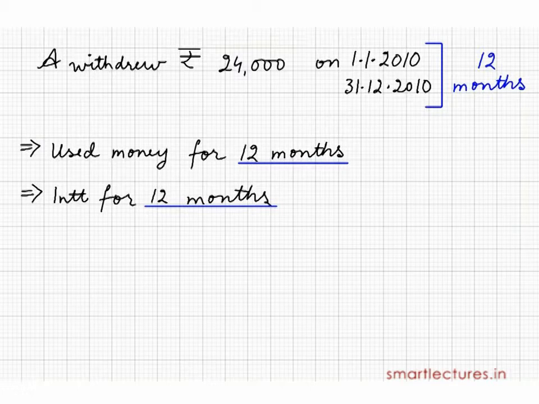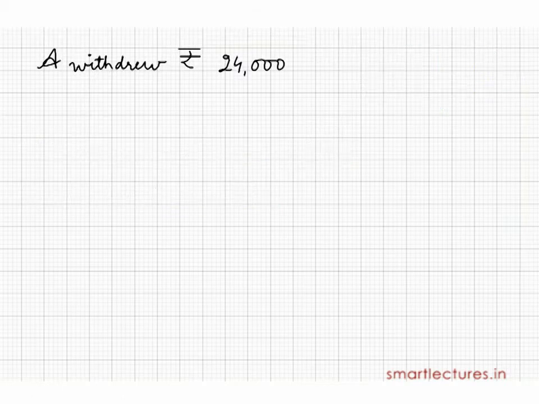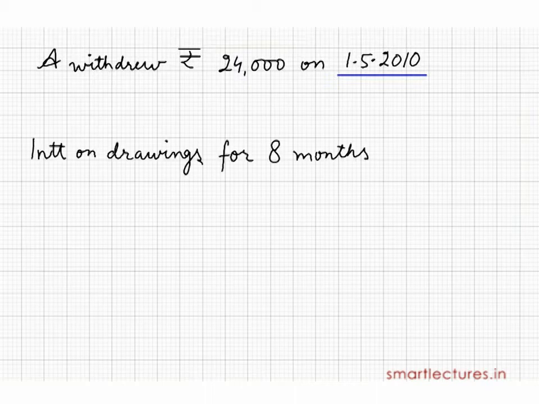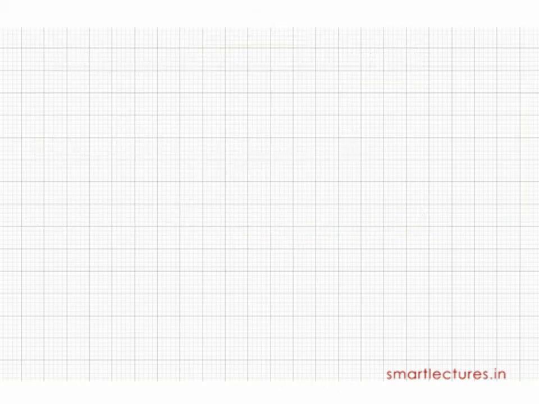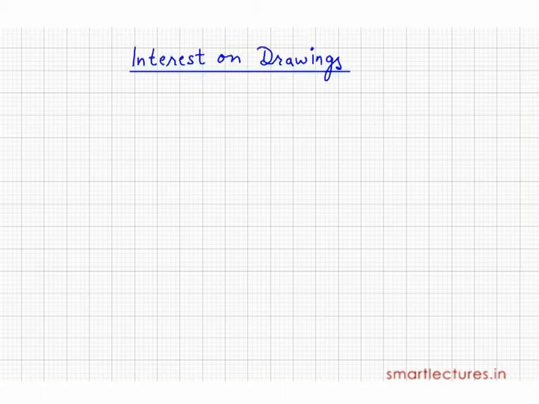If it is clearly stated in the question that A withdrew 24,000 rupees as drawings on 1st May 2010, in that situation we will have to calculate the interest on drawings only for 8 months, because 4 months of the year have already passed. For the remaining 8 months, he has used the money. In every question, I am assuming that the books are closed on 31st December 2010. So the interest on drawings will be calculated only for 8 months.